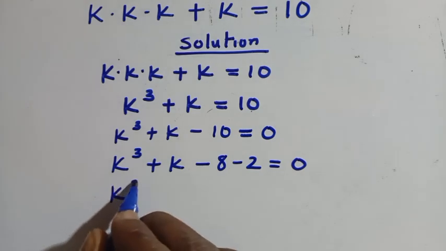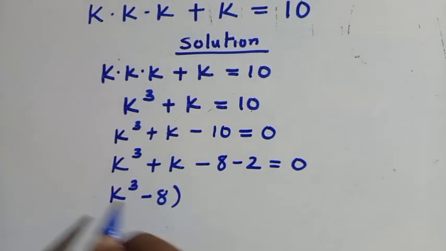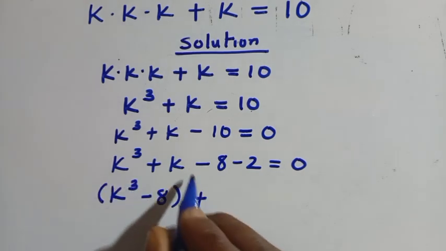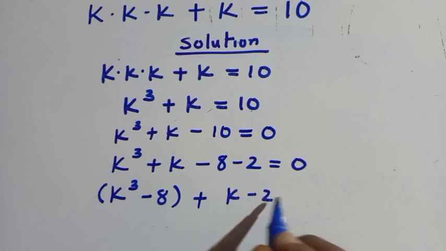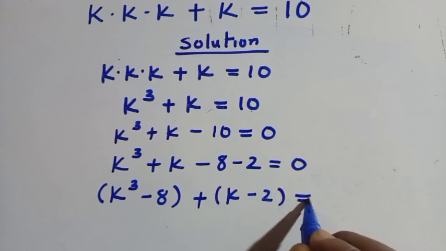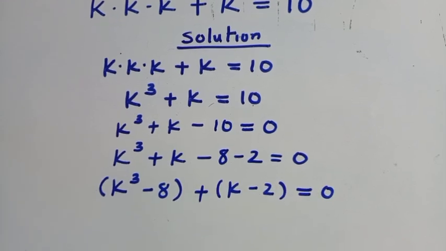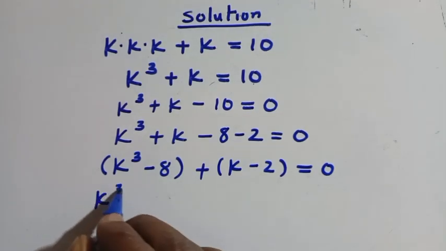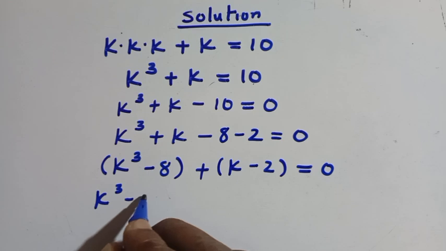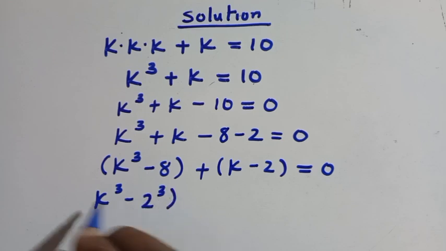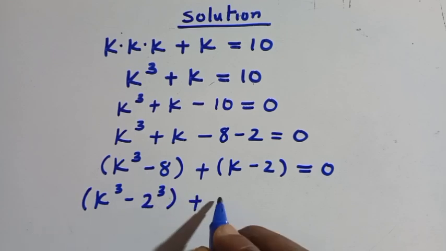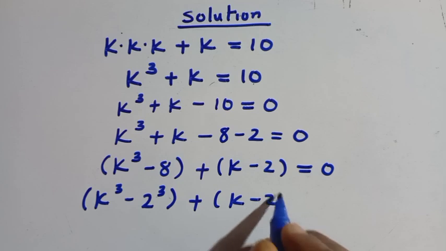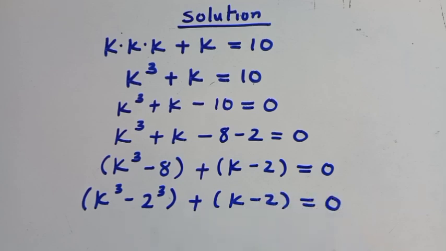We have k raised to power 3 minus 8, in bracket, plus k minus 2, in bracket, equals 0. Then k raised to power 3 minus 8 can be written as 2 raised to power 3, in bracket, plus k minus 2 equals 0.